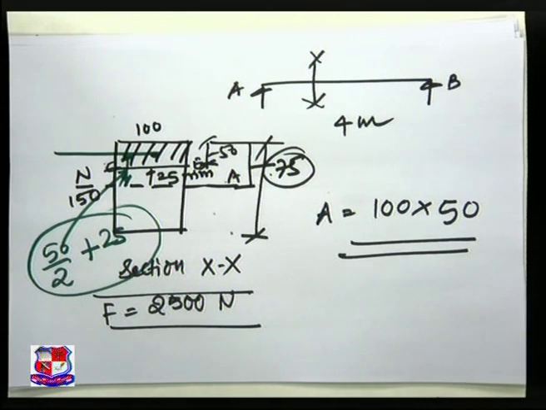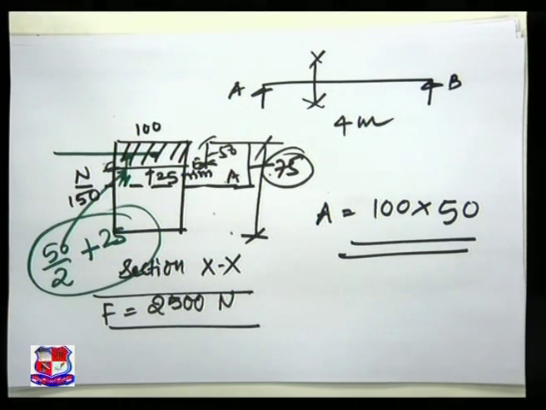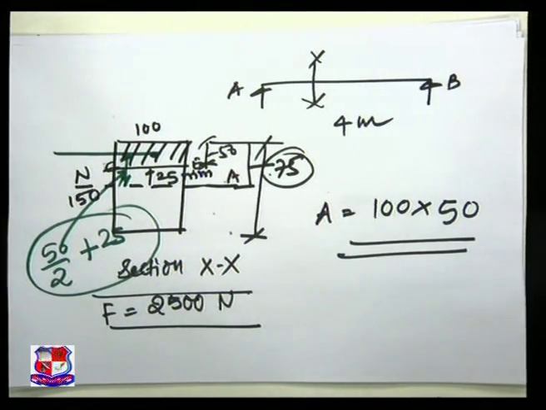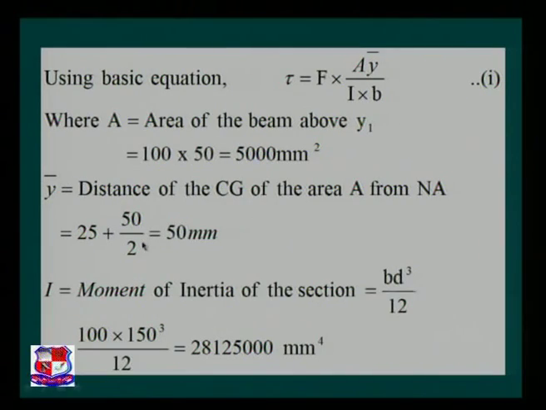This is my y bar, so it is 25 plus 50 by 2, as shown on this PPT. I is the moment of inertia of the section, and we know that for a rectangular section it is B D cubed by 12. B is known to you, 100, and D is 150, cubed, by 12. We get one figure in millimeter raised to 4, which is the moment of inertia of the section.